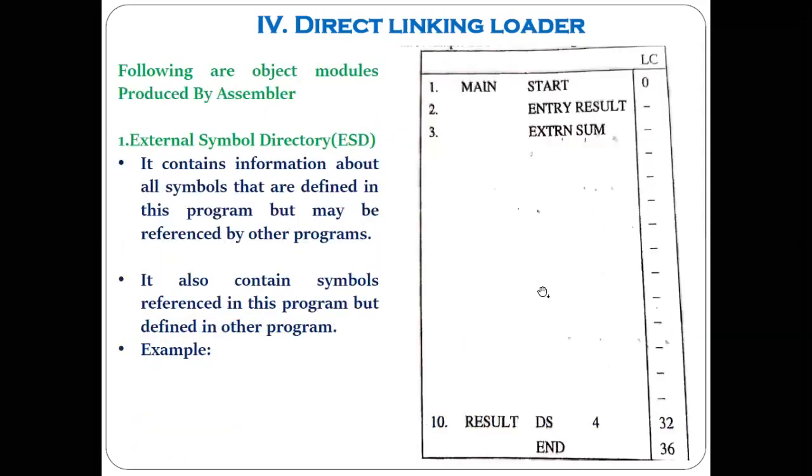You can see here sum is mentioned with extrn, and you can utilize this sum in the part of this program which we have not shown. If you want to utilize such a variable, it has to be declared as extrn.